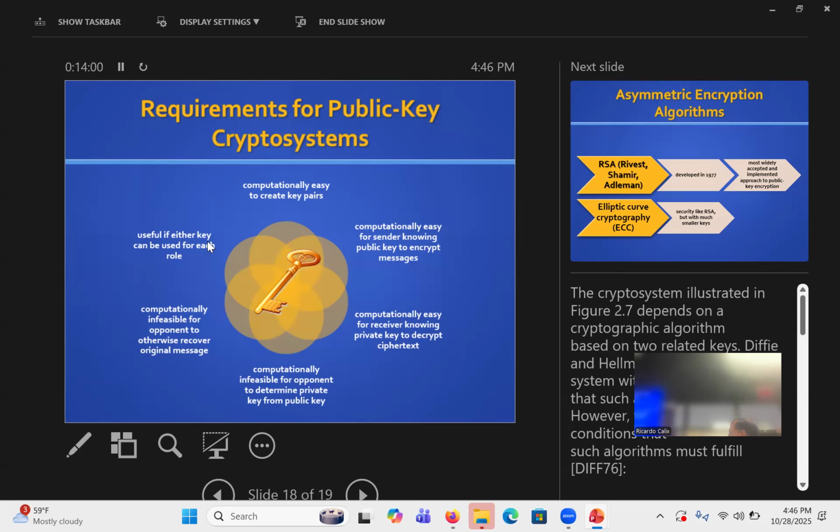It should be computationally infeasible for the opponent to determine the private key from the public key. So that has to be very hard. It should be computationally infeasible for the opponent to otherwise recover the original message. And it is useful if either key can be used for each role, so that you get both authentication and confidentiality.